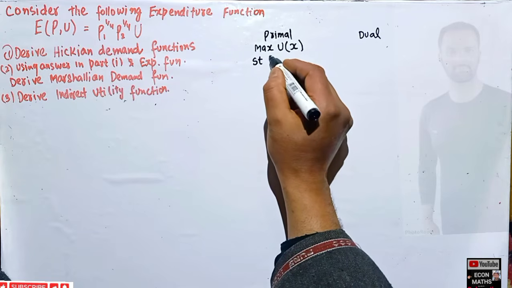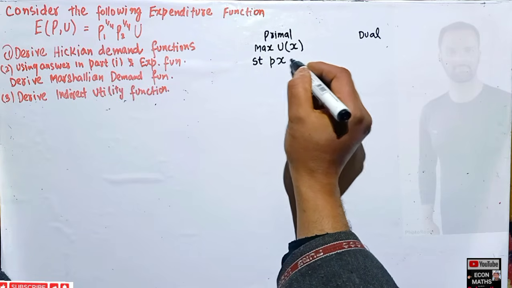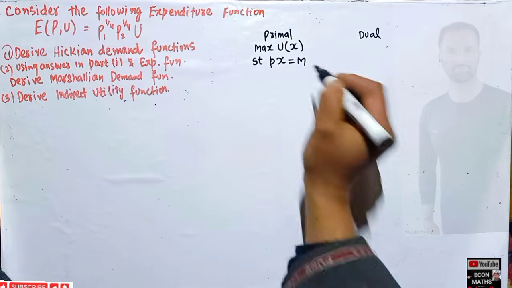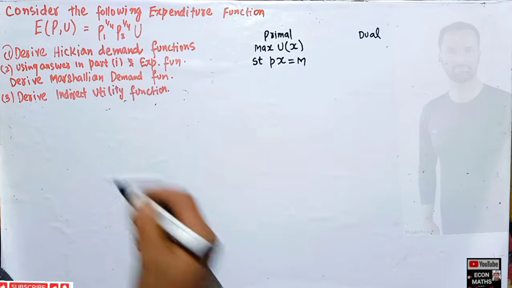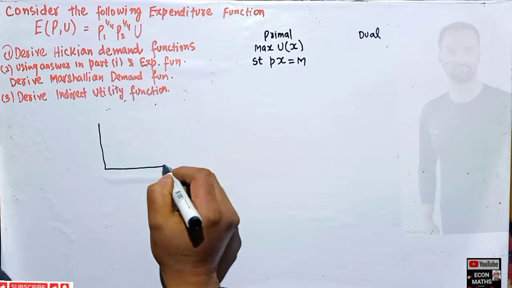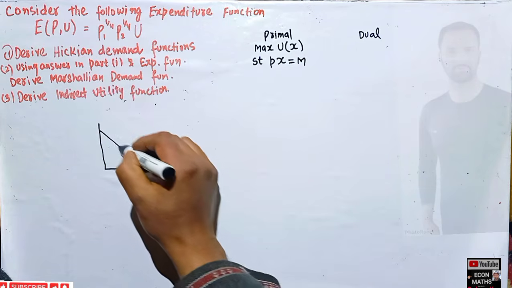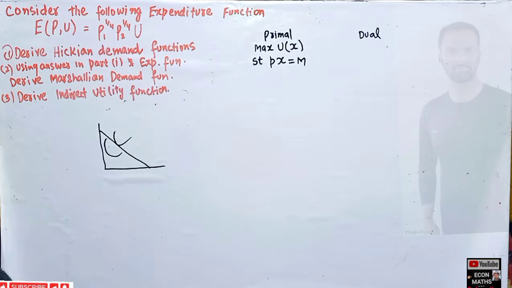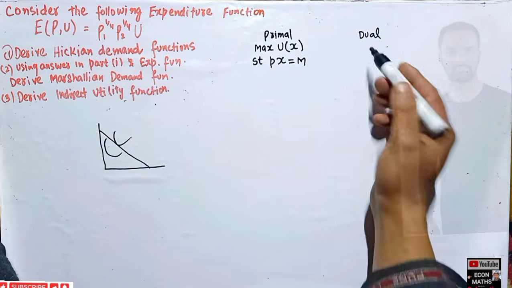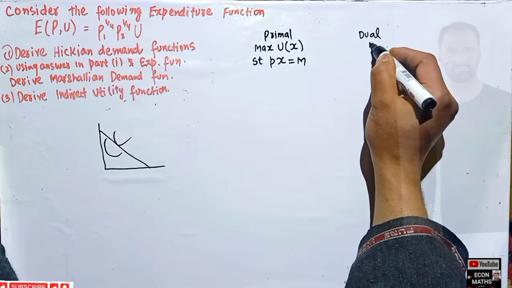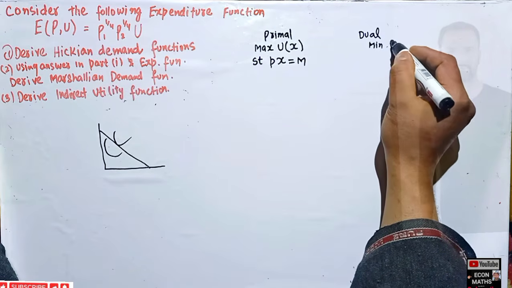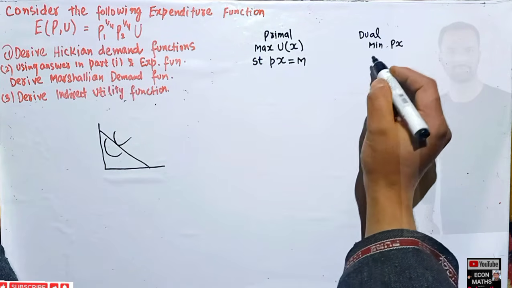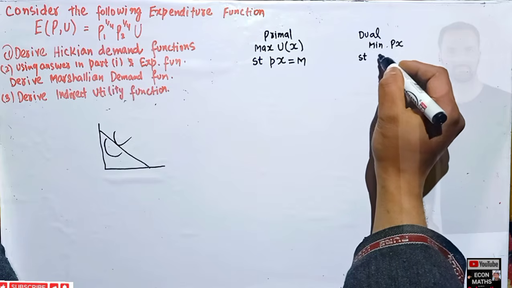Let us say the budget constraint is px is equal to m. This is what we show here. In this case, the budget line is given and the consumer will try to reach the highest possible indifference curve. In the dual problem, we want to minimize our expenditure such that the utility level is given.